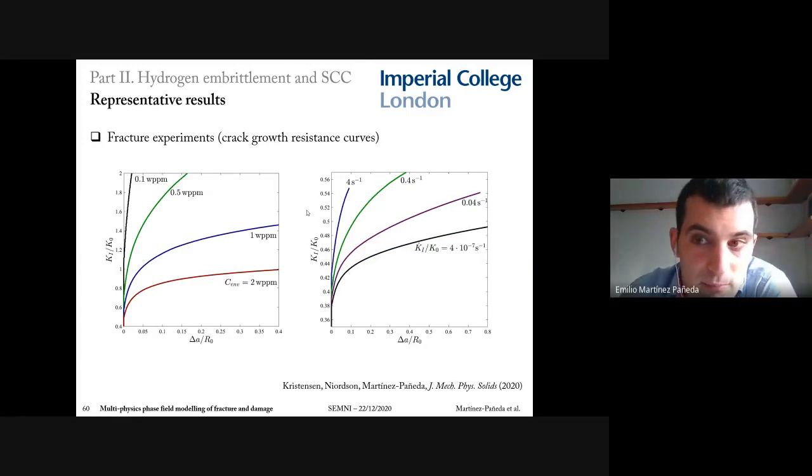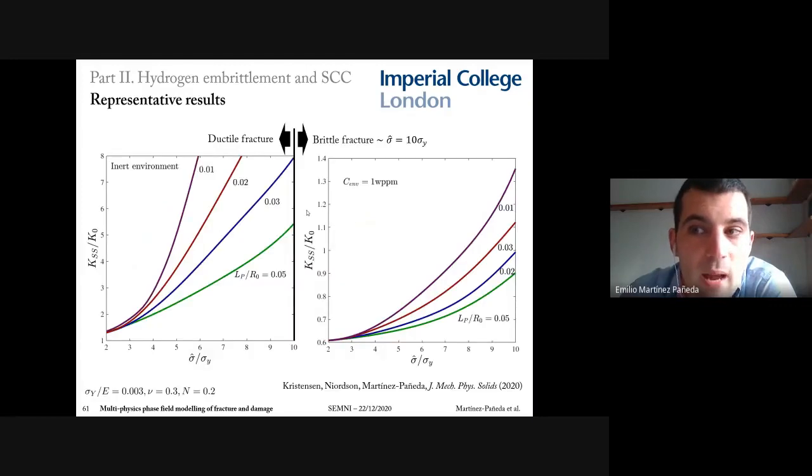We have also conducted virtual fracture experiments, capturing the effects of increasing hydrogen concentration and loading rate on the crack growth resistance of the material, and showing that the model naturally captures a shift between ductile and brittle failure once hydrogen is introduced into the system.